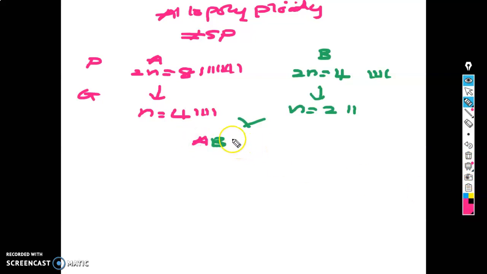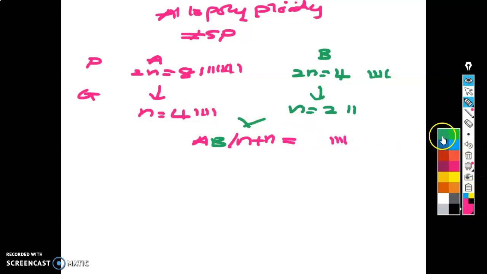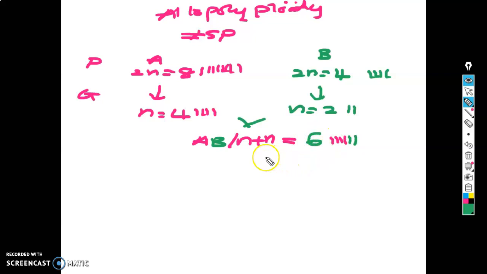AB individuals, which is n plus n, equal to 1, 2, 3, 4, 5, 6, with 6 chromosomes.